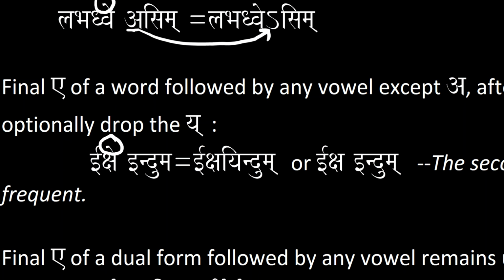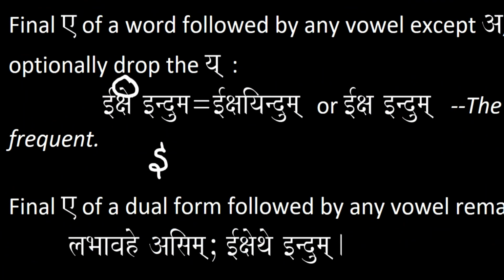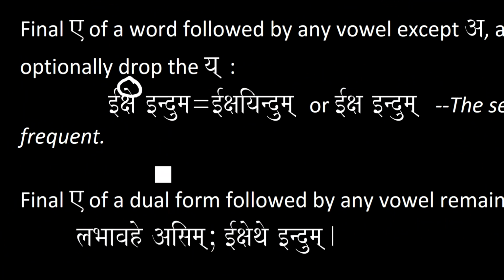So we have ikshe indum, which could become ikshai once that e is removed. It turns into ai because it is followed by an i, any vowel except a. So then the e is dropped, and that e turns into ay. So you end up with ikshay.